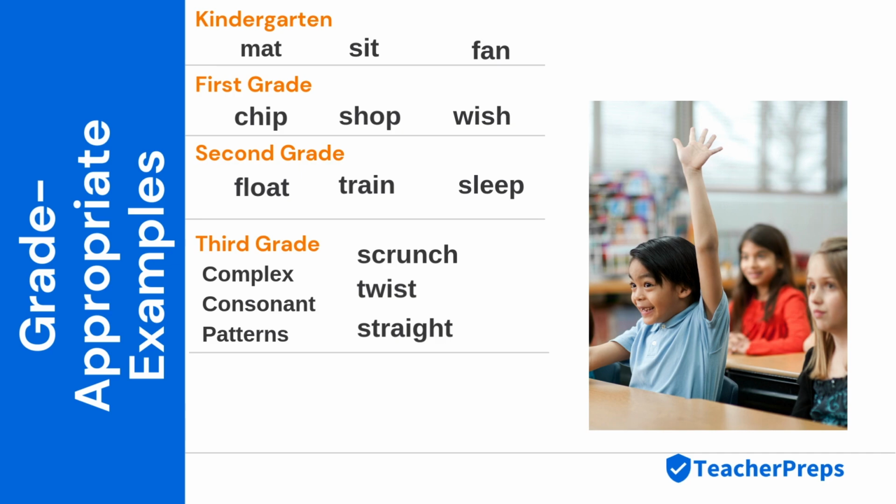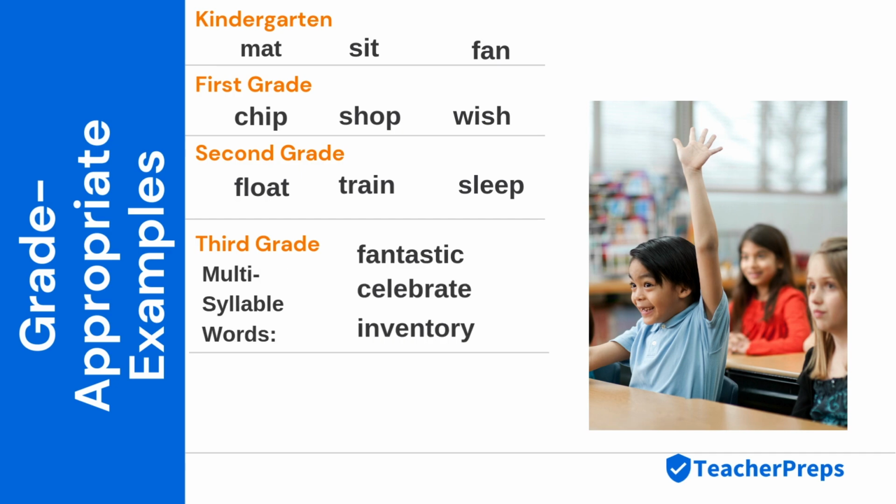Moving on to third grade, we're looking at complex consonant patterns that are appropriate for third graders at this age. Words like scrunch, twist, straight. These include three-letter blends and unique consonant combinations that are challenging, but again, decodable for third graders.